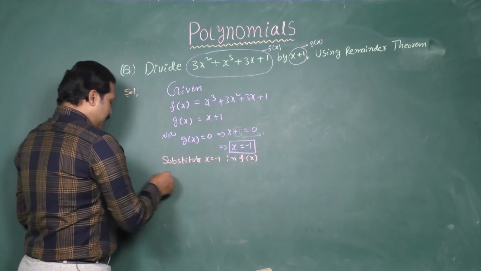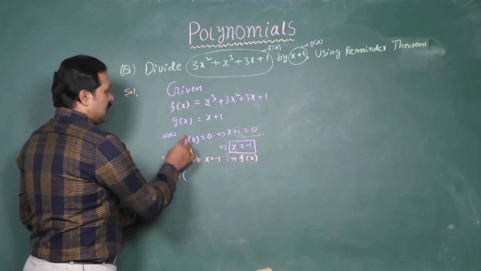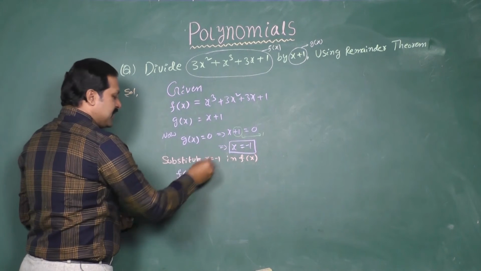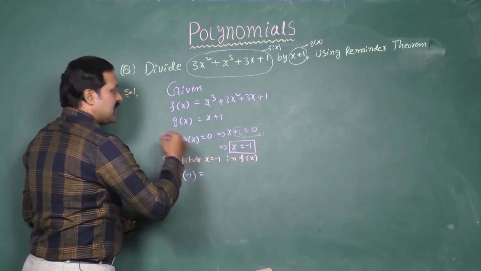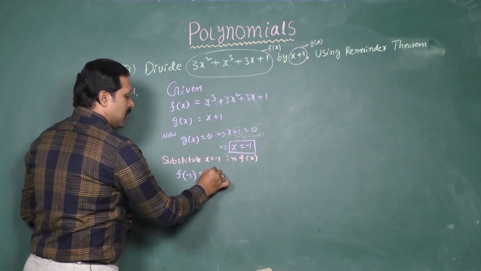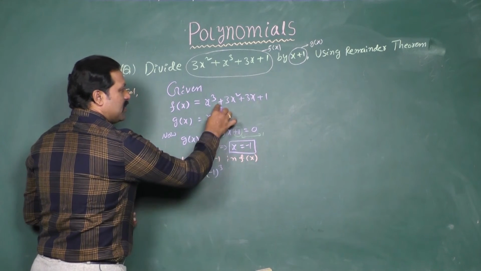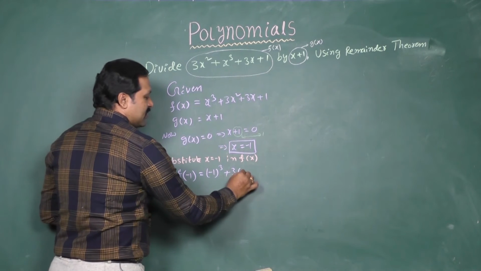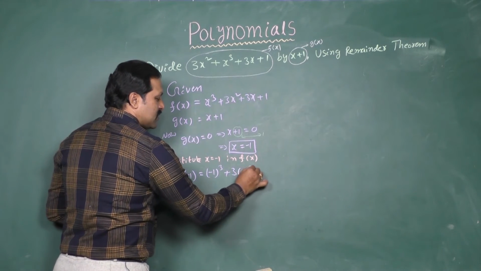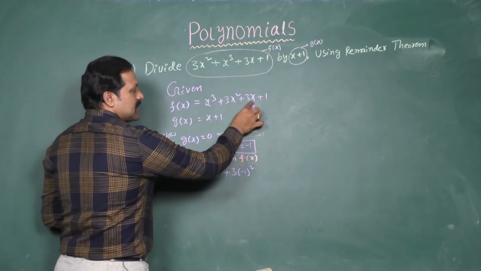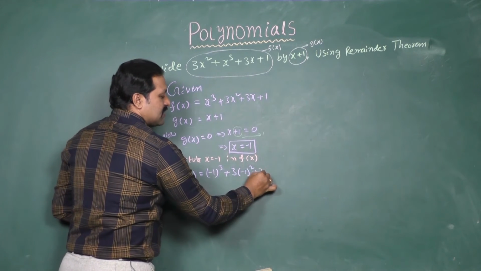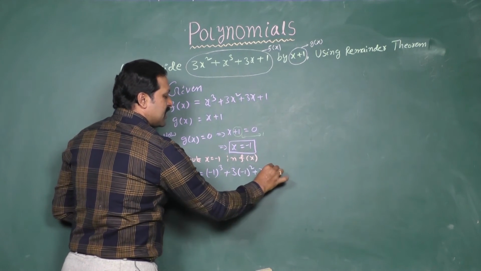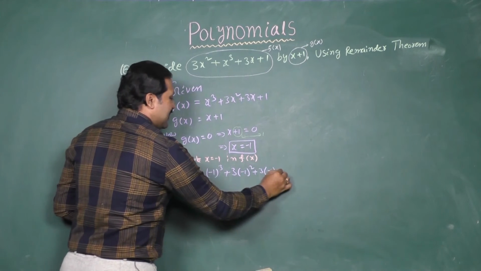So f of minus 1, on the x place you write minus 1, equal to minus 1 whole cube plus 3 times minus 1 whole square plus 3 times minus 1 plus 1.